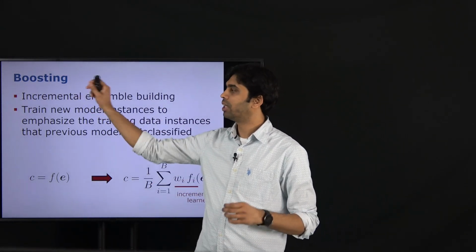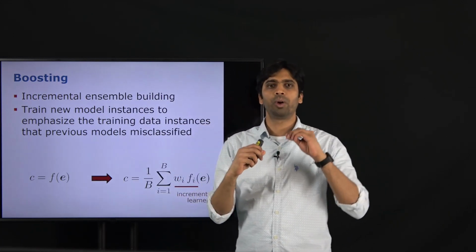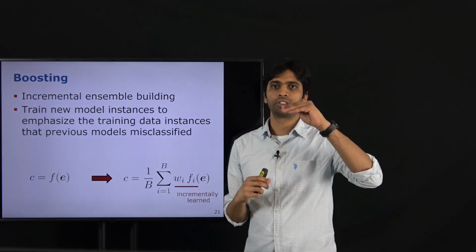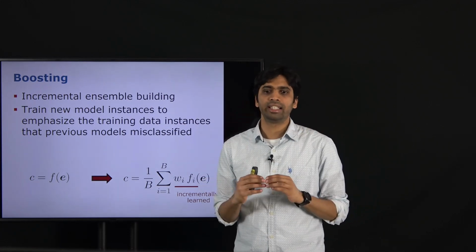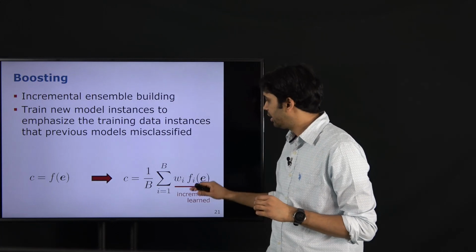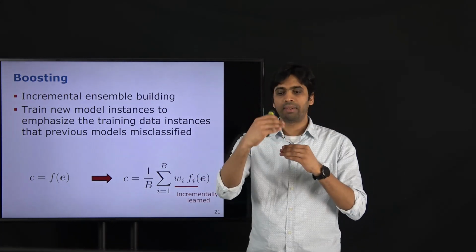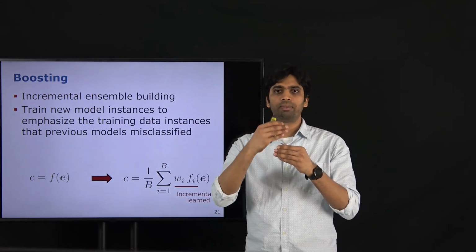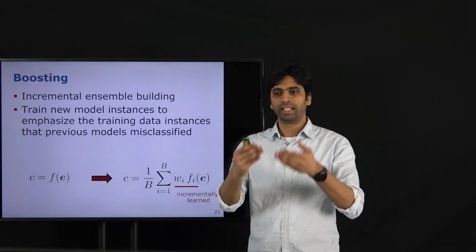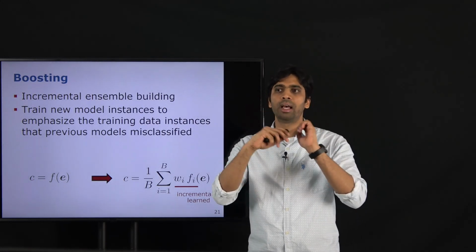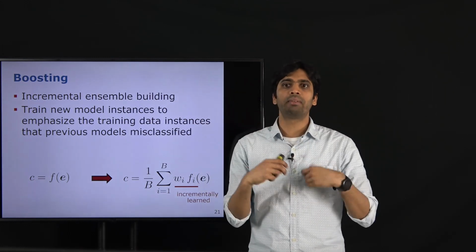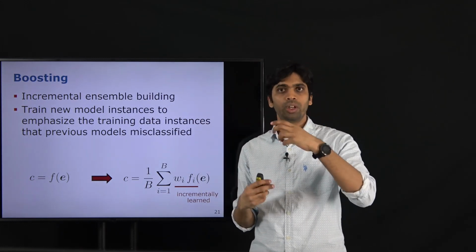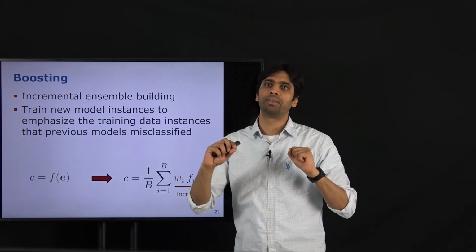Right, so this is a quick overview of what I said before. What is boosting? In boosting, essentially you want to learn your classifiers in an incremental manner. The main idea here is that you learn the classifiers incrementally such that they improve on the mistakes that you made in the previous step. So if F1 makes mistakes on, for example, examples 7, 10, 12, then my goal is to come up with an F2 which does well for those 3 examples.